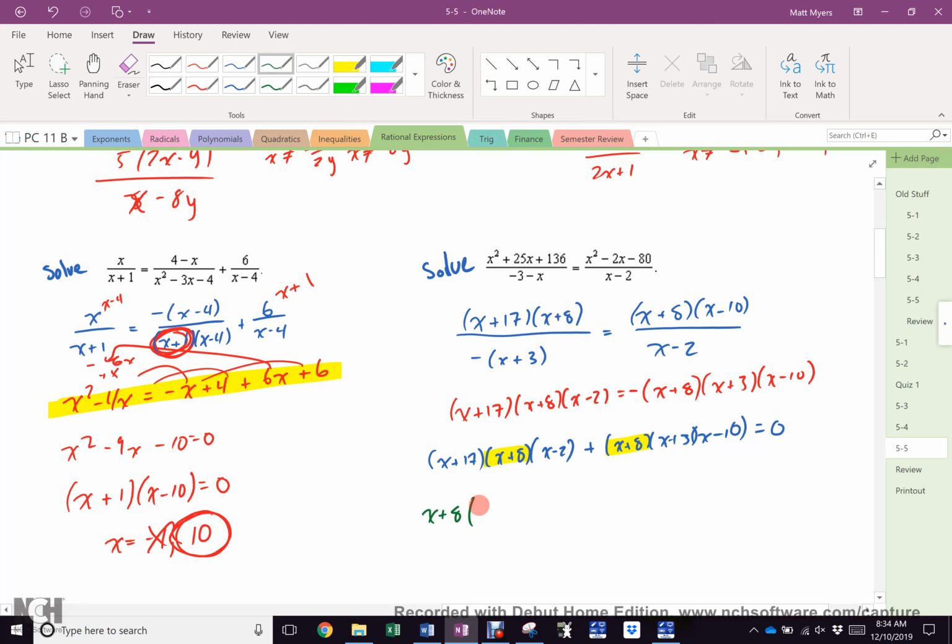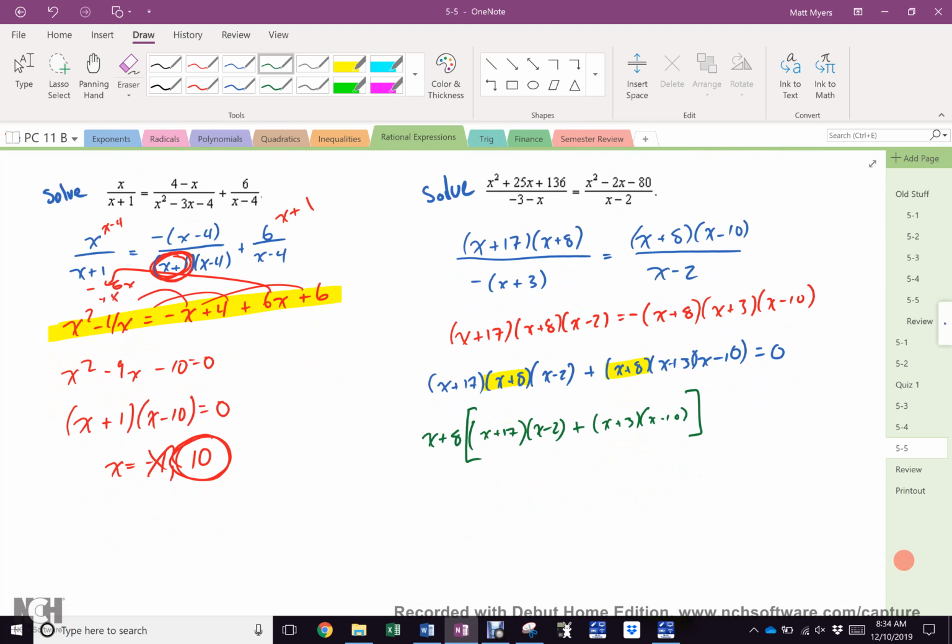That leaves me with x plus 17 times x minus 2, yeah? Plus, what's left over here? Plus 3, x minus 10, right? Everybody happy still? Okay. Now we're a little bit stuck because we still can't solve this, can we?